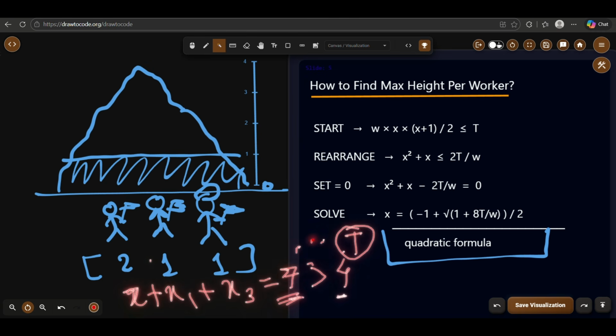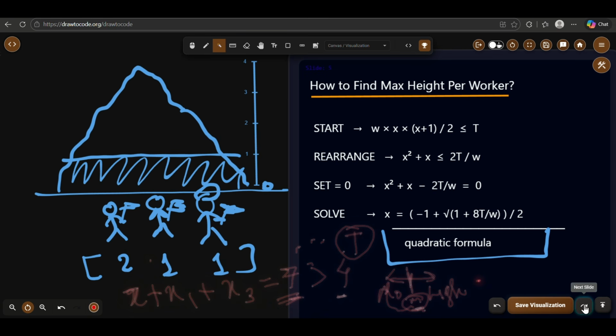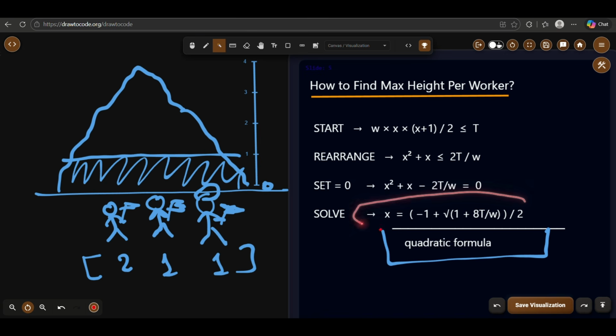So we will reduce T using the binary search formula, and we will minimize the window of low and high. Again we will find mid, and ask the same question: is this time enough to chop the mountain to height 0? So I hope you understood how we got the maximum height a worker can chop in a given time T. This is that formula.